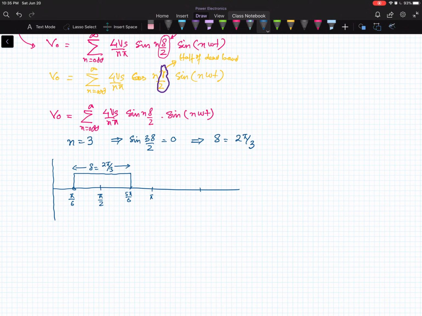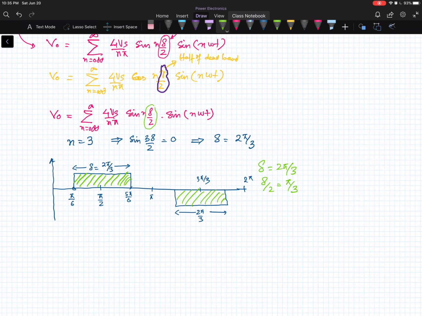And similarly, the negative part that is centered at 3 pi by 2, if the width of the pulse is 2 pi by 3 and we have the equal dead band on both sides, for this our third harmonic will be absent, right? So del over here is 2 pi by 3, so del by 2 will be equal to pi by 3.